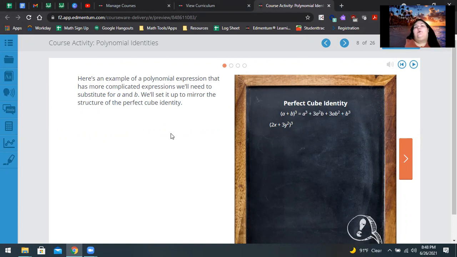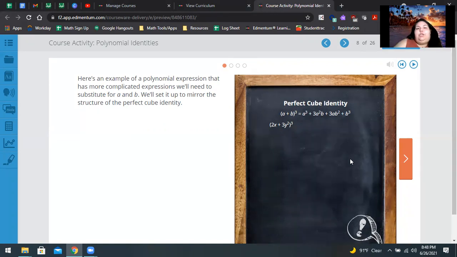I'm not going to focus too much on it, because it is good to know, but I think this is the only time they actually bring it up within this course activity. It's not going to be applied to other questions. But let's take a look.